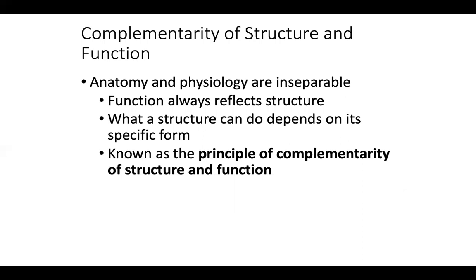Okay, so there's a concept here called complementary structure and function, and that is that we are going to look at the physical structure of cells, of bones, of muscles. And then we're going to talk about how that structure relates to what it does with your body, how it operates, its function.